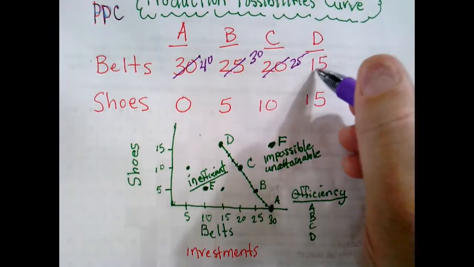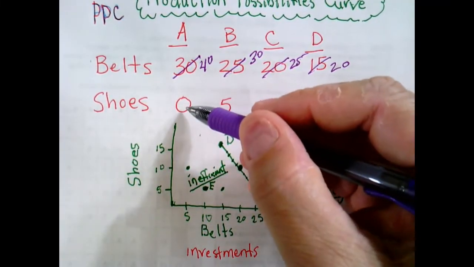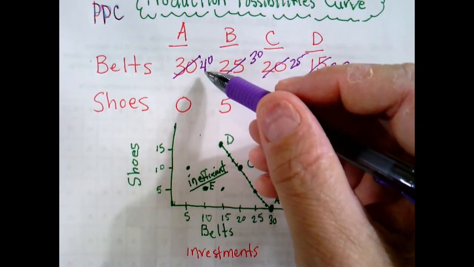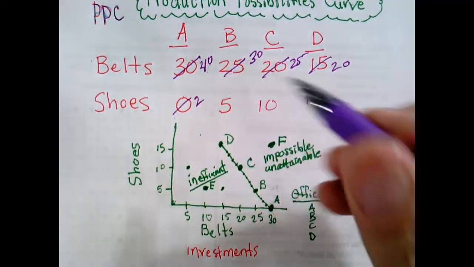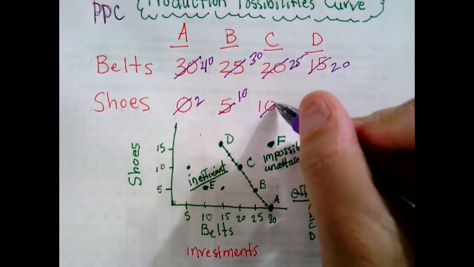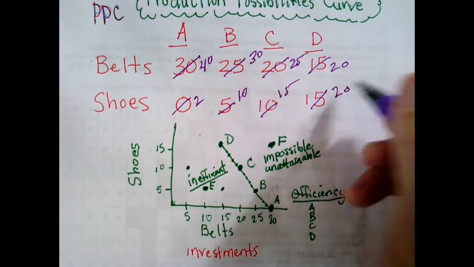And at point D, instead of 15, they can now produce 20. Shoes, they weren't able to produce any whenever they were solely making belts. But let's suppose that now they're able to make 2. Instead of 5 at point B, they're able to make 10. At point C, they're able to make 15, and at point D, they're able to make 20.